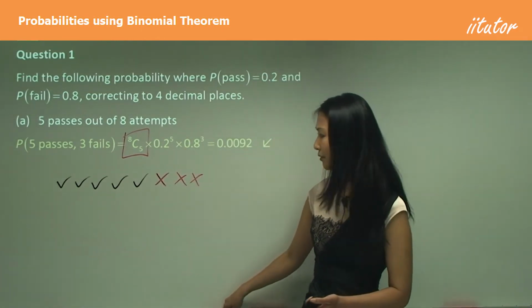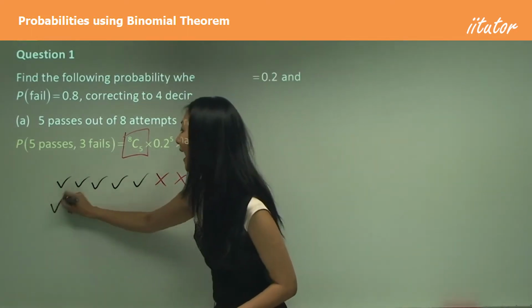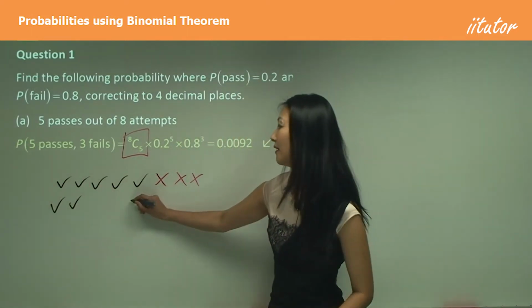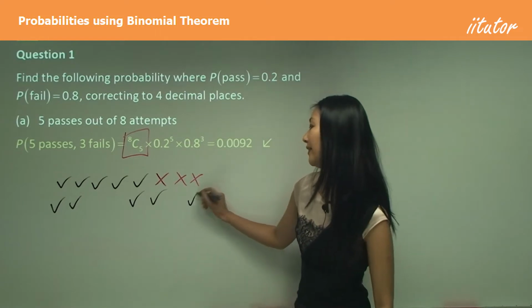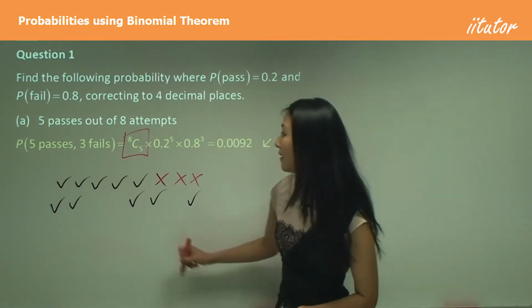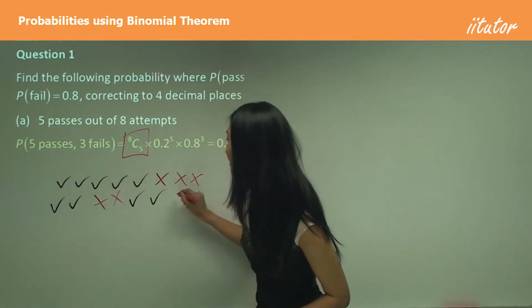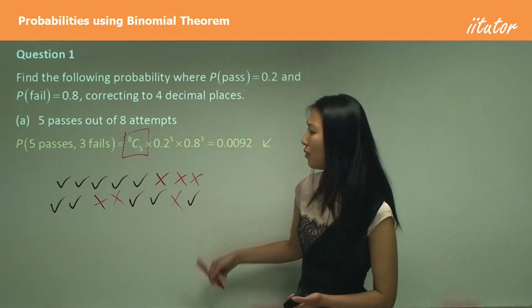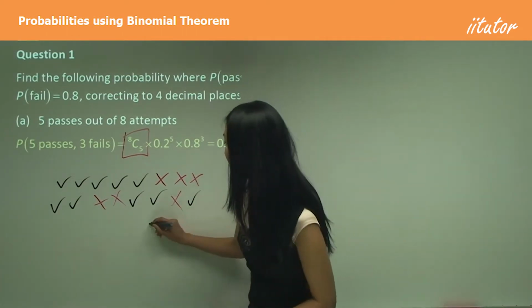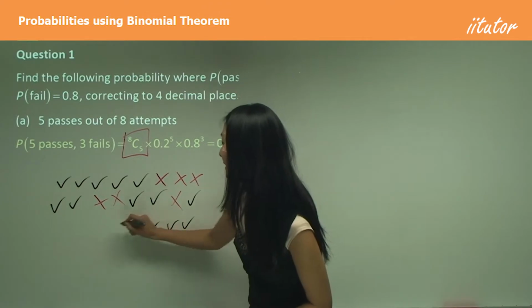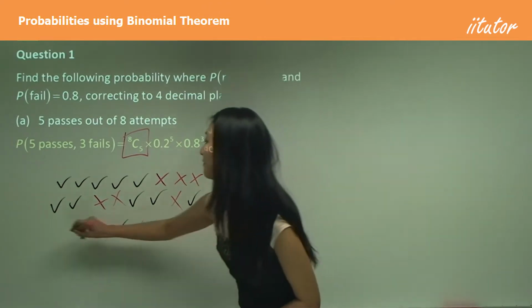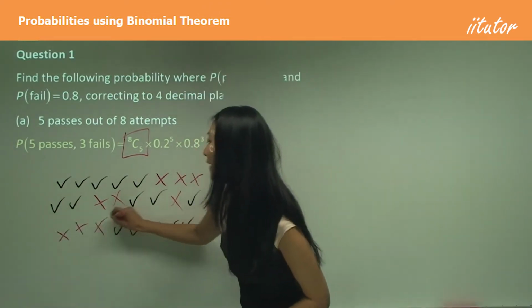Or, for example, student 1 and 2 can pass, and these people can pass, and the last person can pass. But these 3 students fail, and so on. So you can have pass, pass, pass, pass here, and then fail, fail, fail there.